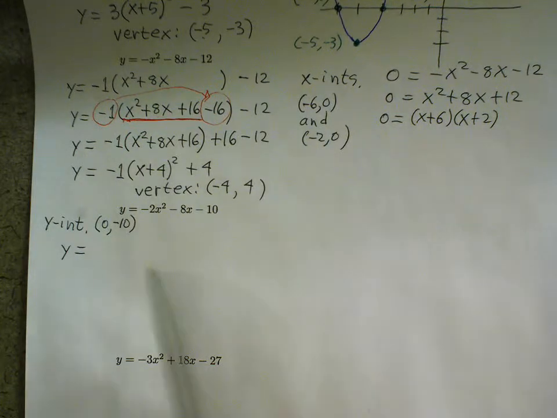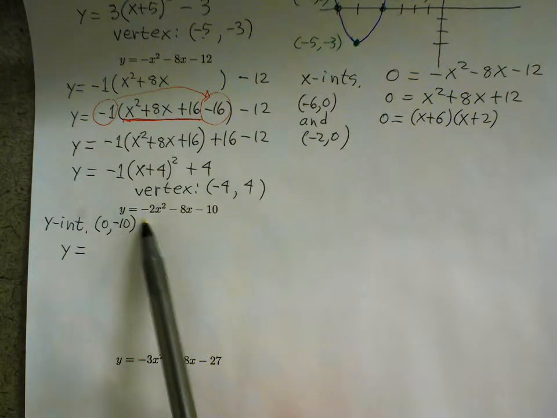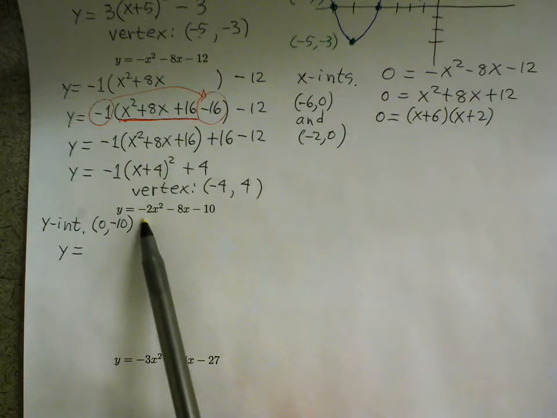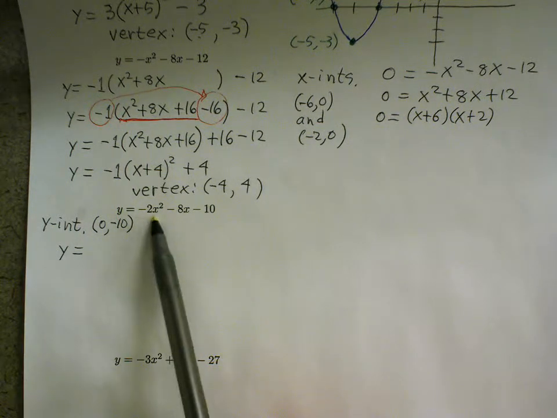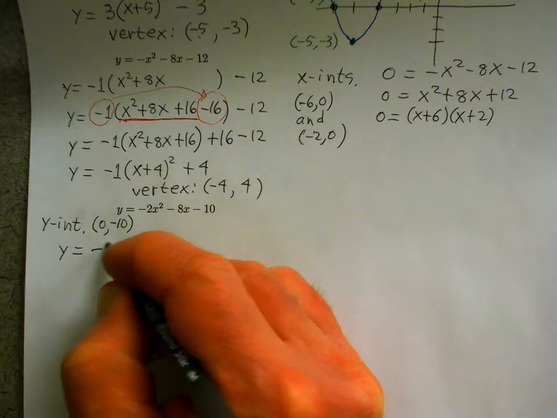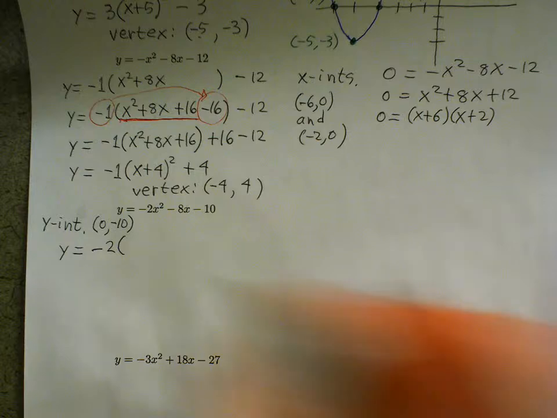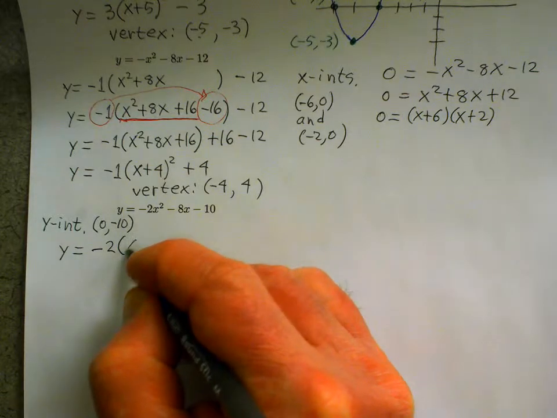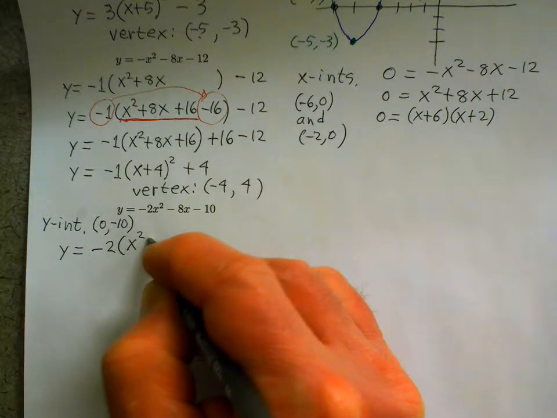So when negative numbers are involved, it seems like you need to be a little more careful. We're going to factor negative 2 out of the x squared term and the x term. When we factor negative 2 out of the first two terms, inside the parentheses, we have x squared plus 4x.